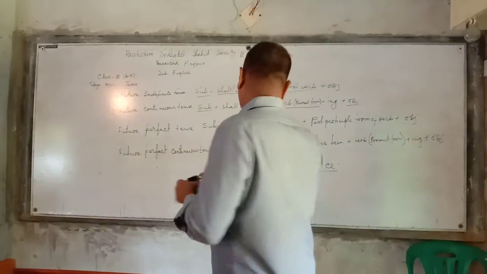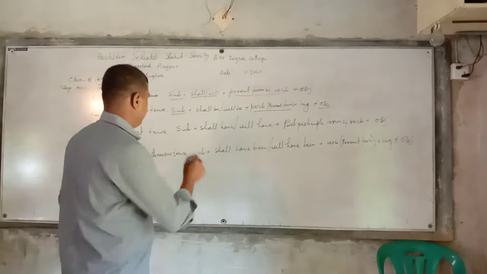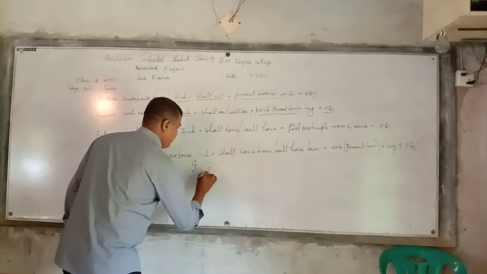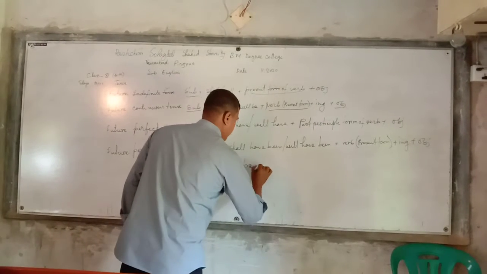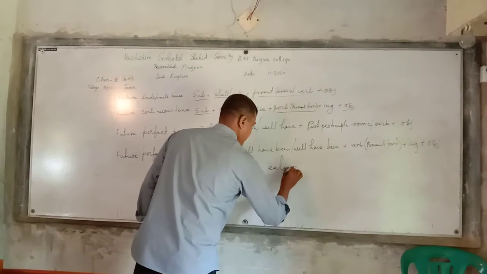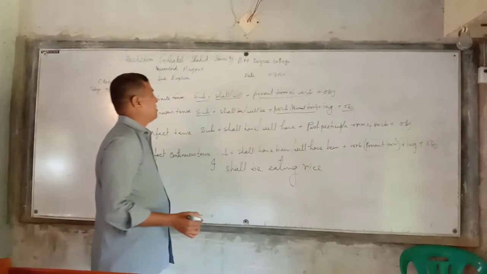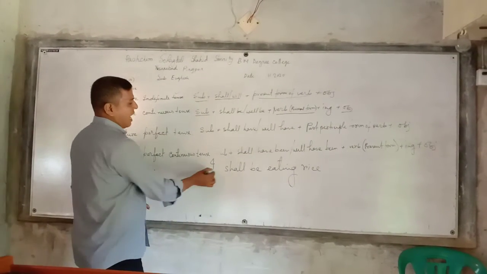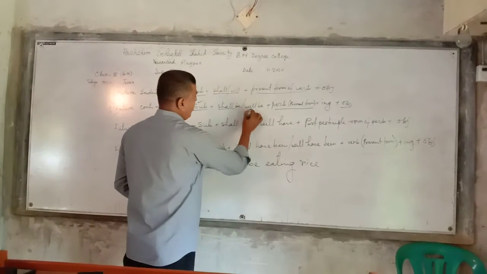For an example, I shall be eating rice. If we analyze the sentence, here subject I, shall be or will be.